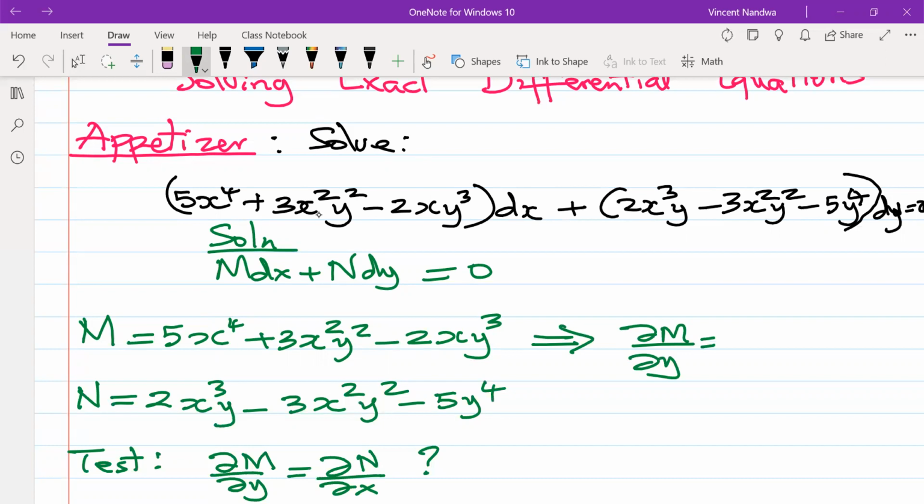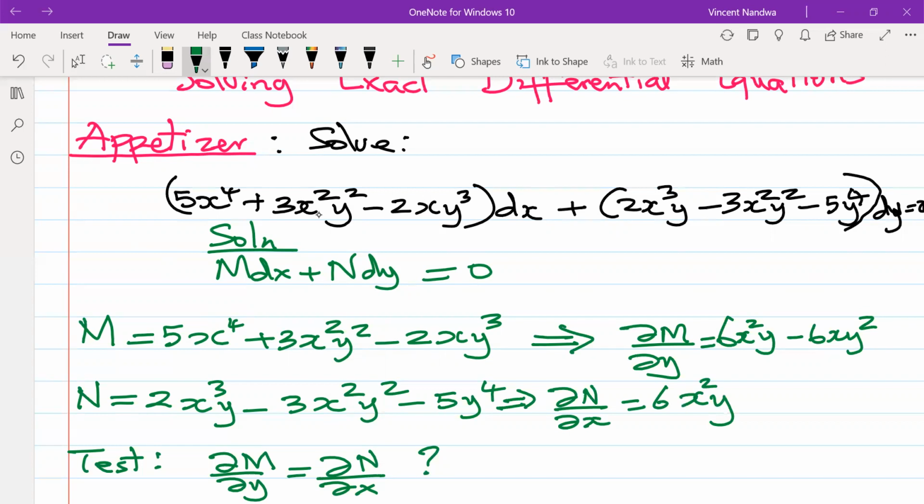Second term, dropping these two, we have 6x^2y, and then dropping these 3, minus 6xy^2. And for partial N partial x, the first term has an x, so dropping these 3, we have 6x^2y, minus 2 by 3 is 6xy^2. And this last term has no x, so the derivative is 0.